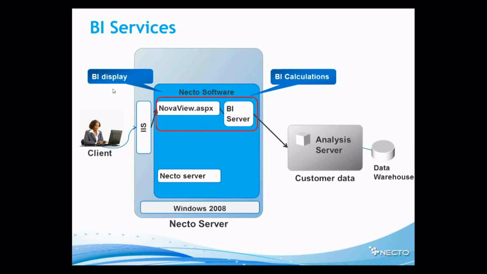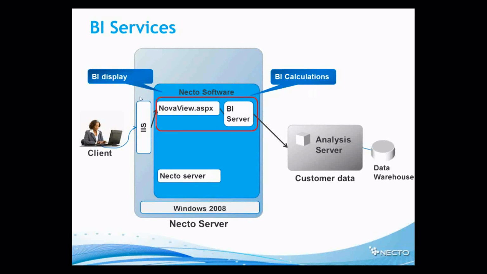So what we are seeing here is the service that is being run in the background. So we can see that we have a BI server that connects to the analysis services. And this is what's doing the BI calculations.